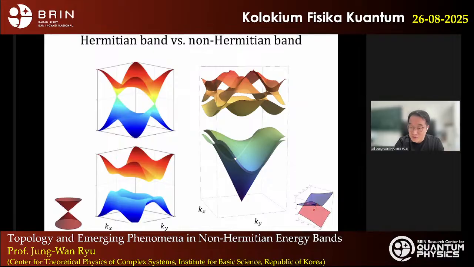So if we remove these degenerate points, these two bands are not separable. So it's totally different from the Hermitian degenerate case. So this kind of complicated band structure, we have to understand why this kind of band structures occur in non-Hermitian systems. I'll talk about that today.